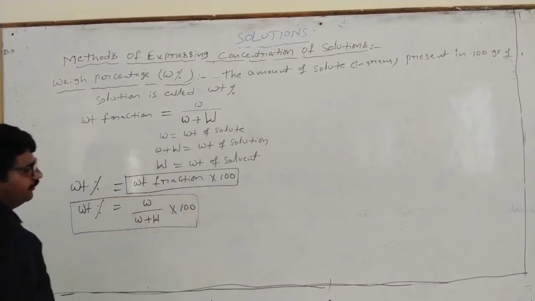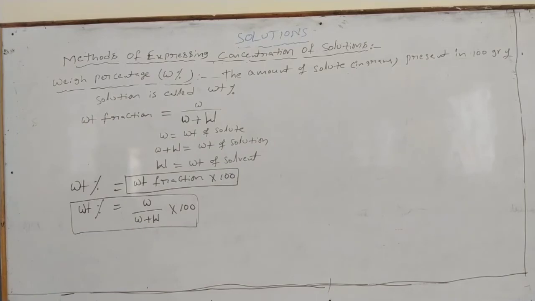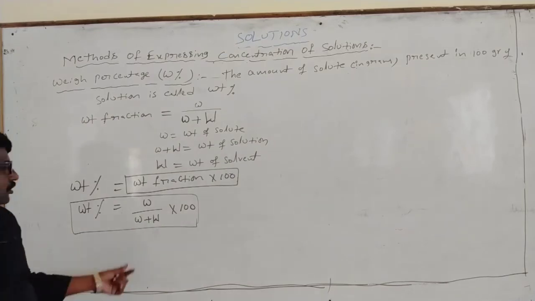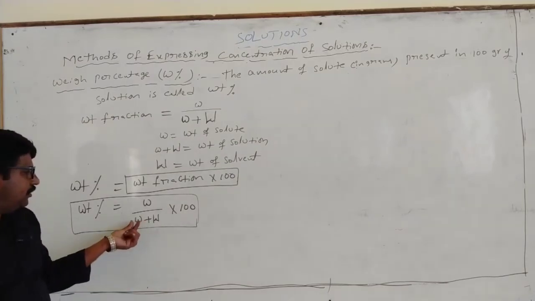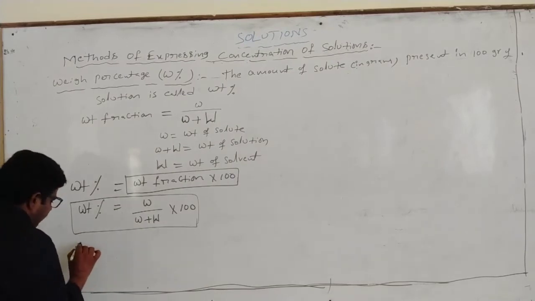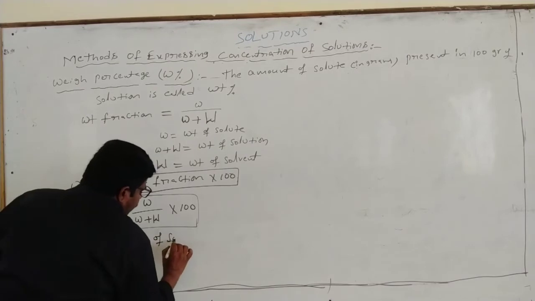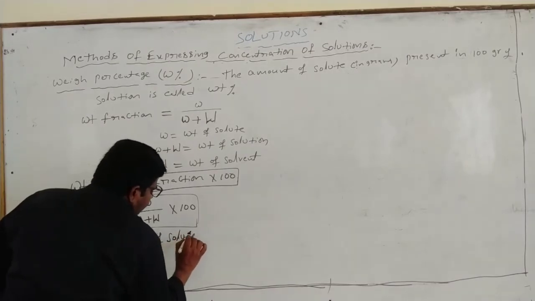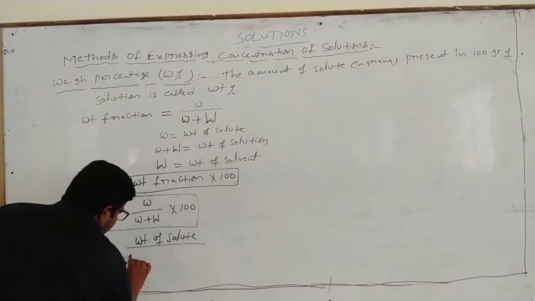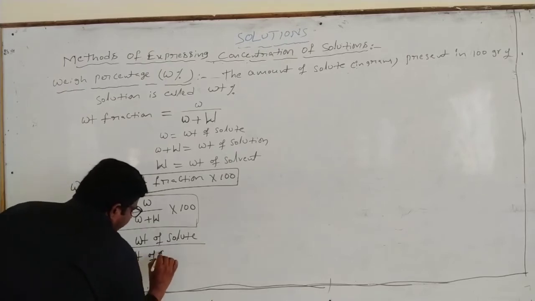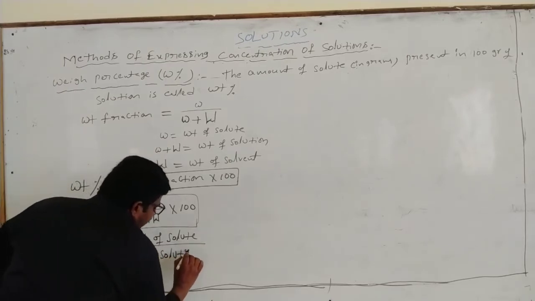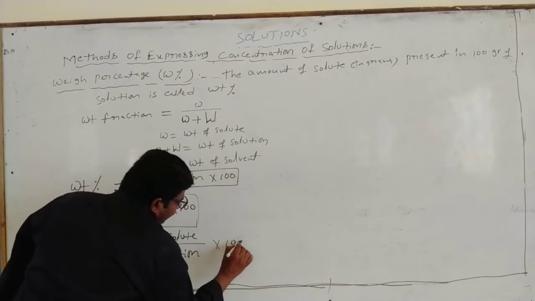You can write it as Wt percent is equal to weight of solute by weight of solution into 100.